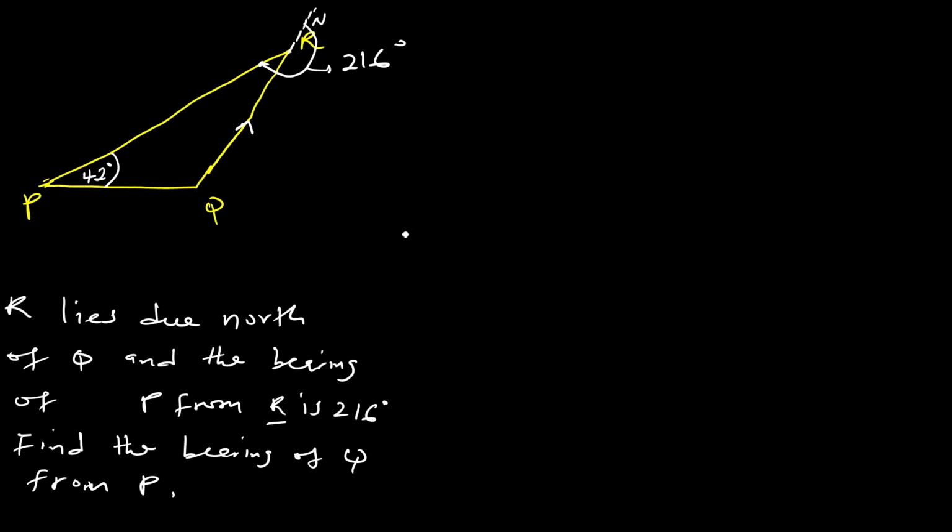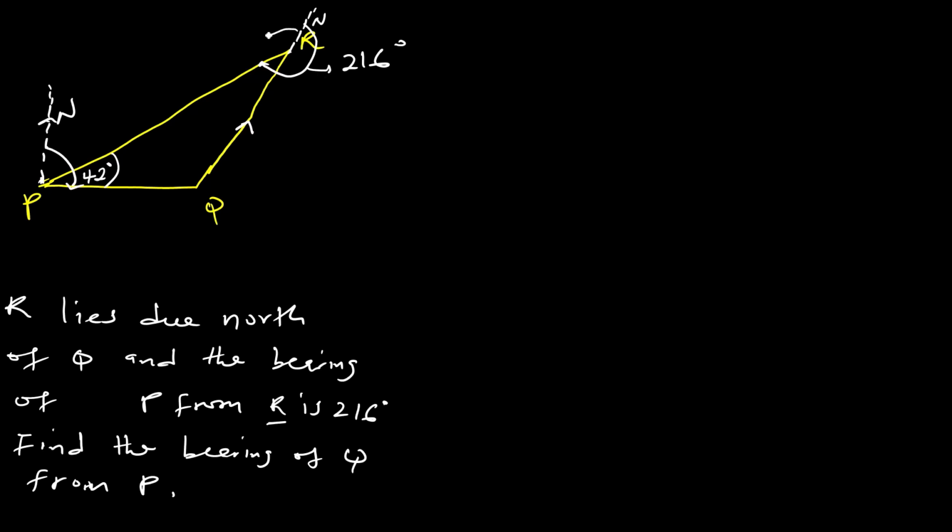So we find the bearing of Q from P. So from P here is the starting point. So let's locate our north for P. So we want to measure this side. So this side is 216.